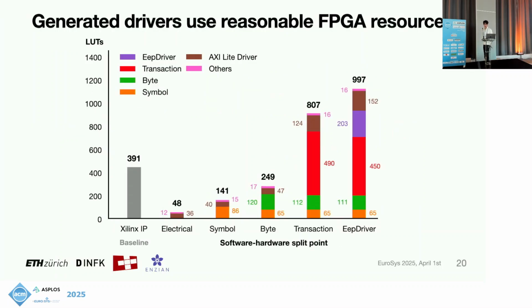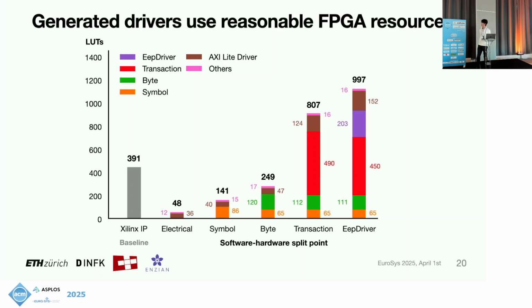And regarding the FPGA resource utilization, here we show a diagram where the colors are the utilization breakdown by layers. And here is the lookup table utilization of the generated drivers. So our transaction driver, which has a similar abstraction level as the Xilinx IP, consumes a bit more than 2 times the lookup tables.